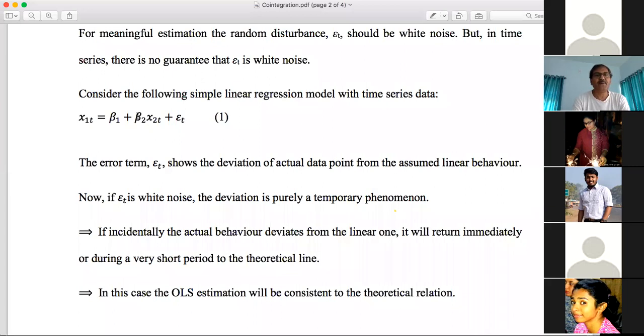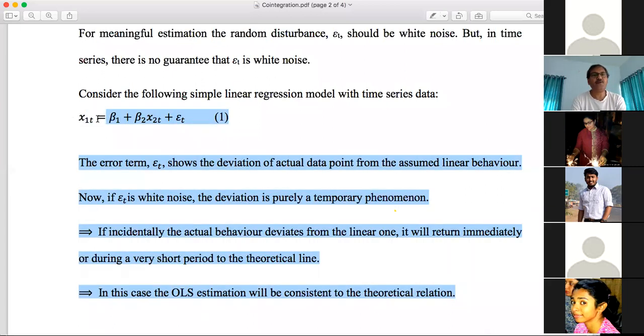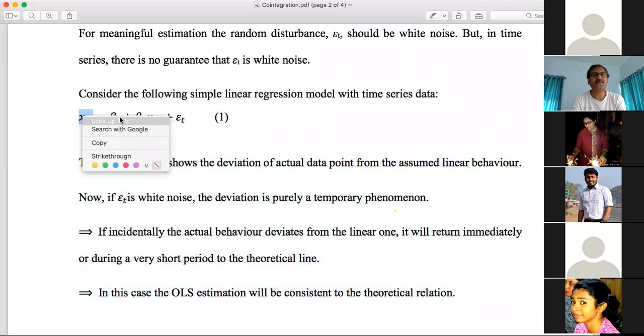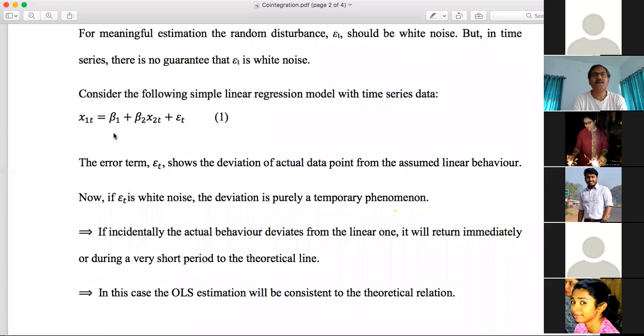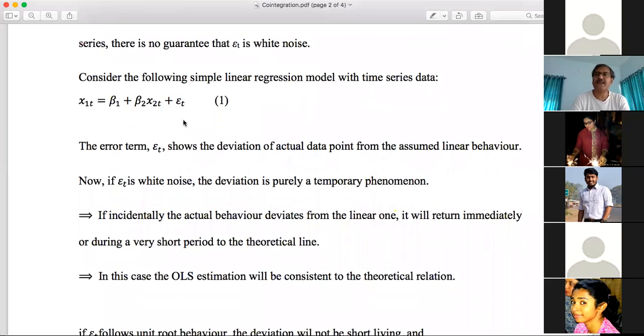So this linear relation, x1t equals beta1 plus beta2 into x2t, up to this appears from the theory. So what is the role of epsilon? Epsilon simply disturbs the linear relationship between x1 and x2. That's why we call epsilon a disturbance term or the error.